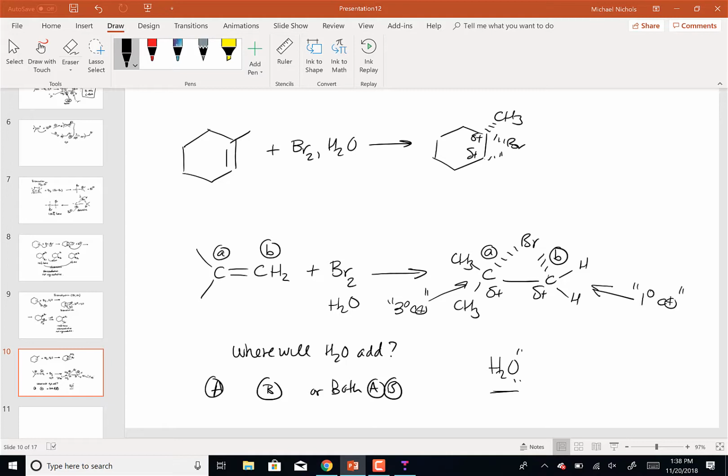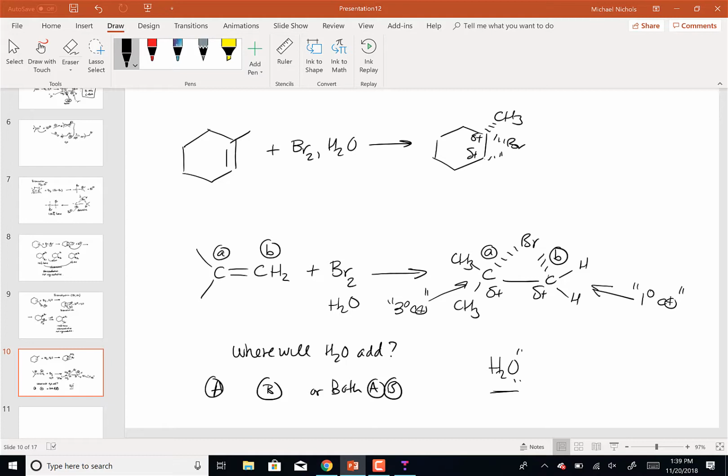And carbon B looks like a primary carbocation, even though it's not. Exactly what you said. So which one of those is going to have the greatest positive charge? It's not going to be the primary carbon.